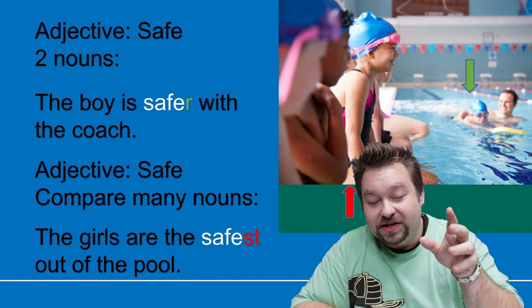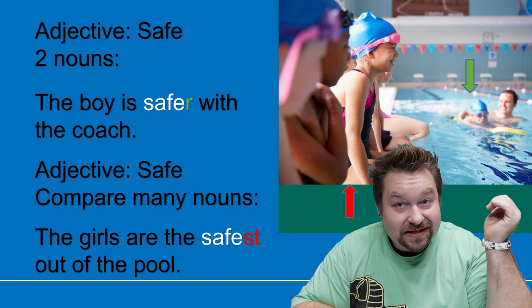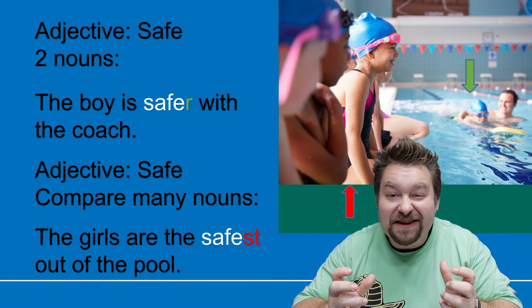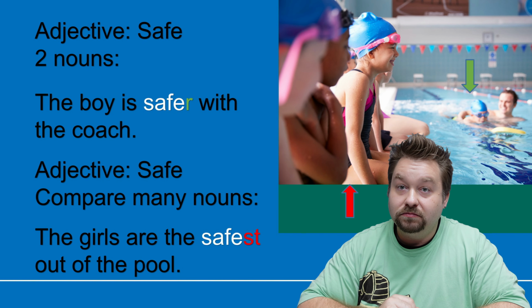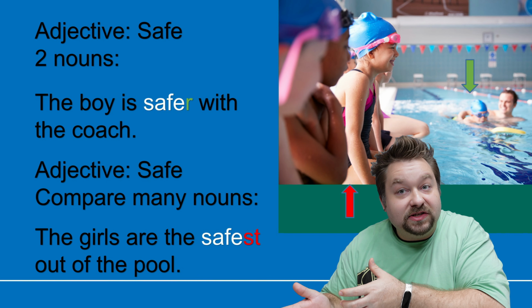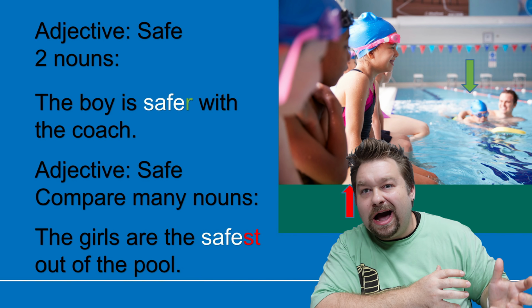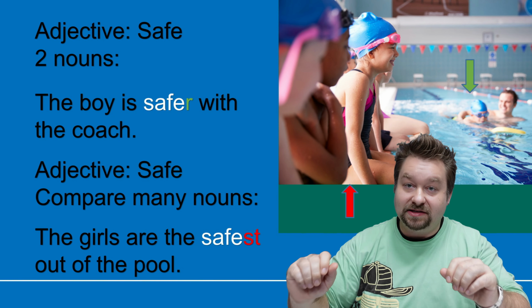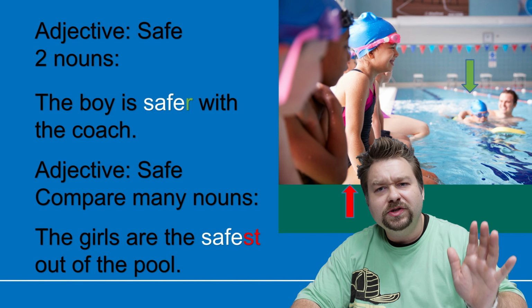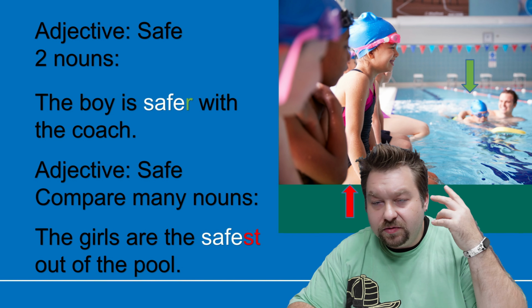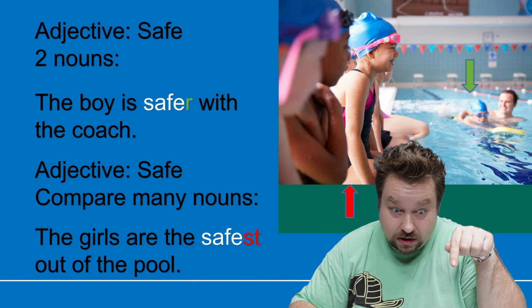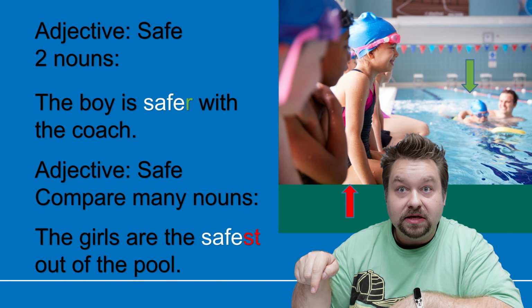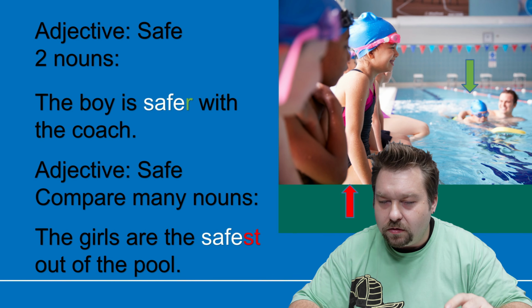The girls are the safest. They're the most safe, right? They're the safest out of the pool. They're safe in the pool because there's a teacher, but when they sit out of the pool, oh, they're the safest, okay? So not so bad. Number 1 and number 2, they look the same. We need ER and EST, okay, cool.